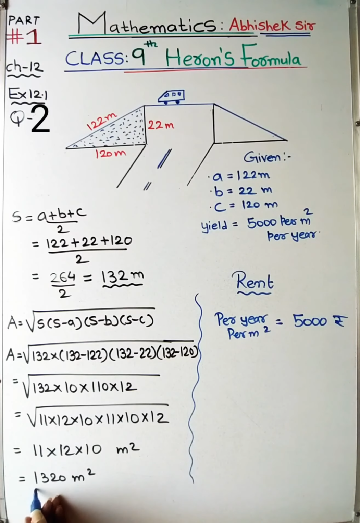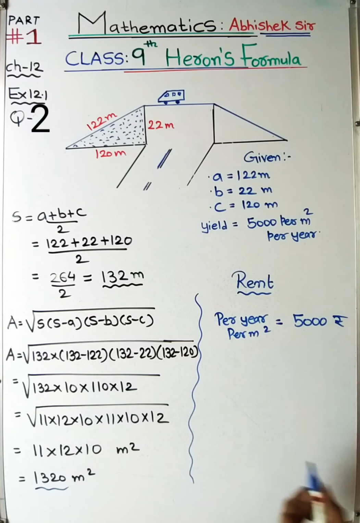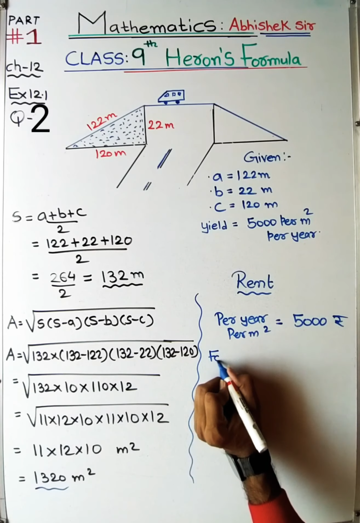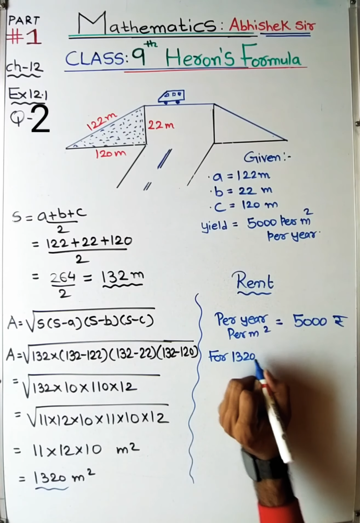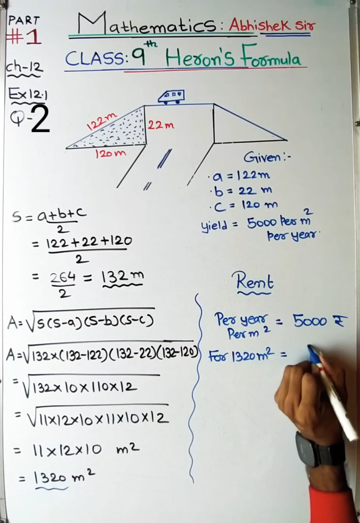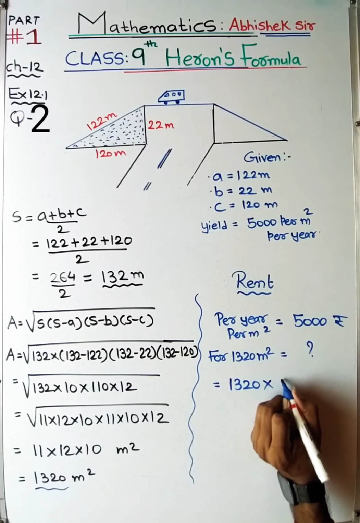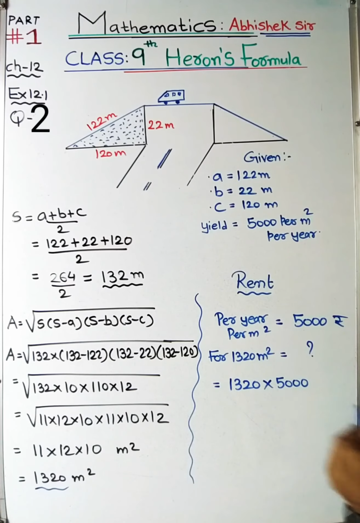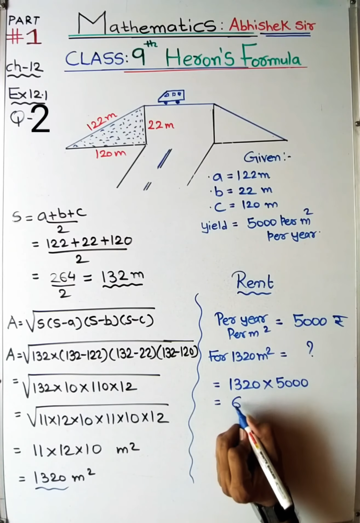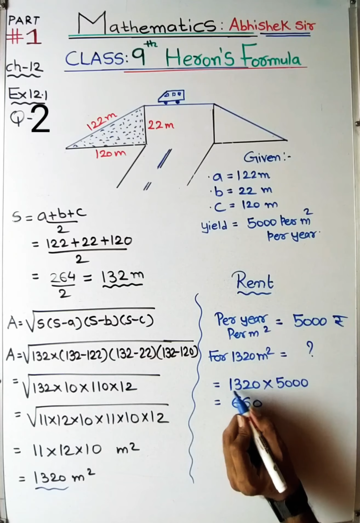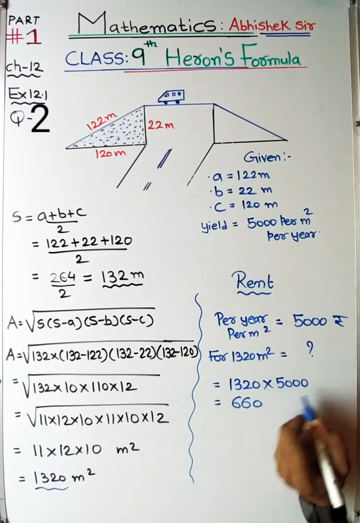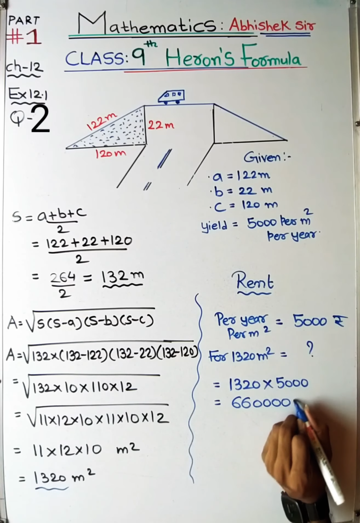So for 1320 meter square, how much money will it be? So that will be 1320 into 5000, and that will be 660. 132 into 5 is 660, and then repeat the 4 zeros, 1 2 3 4.